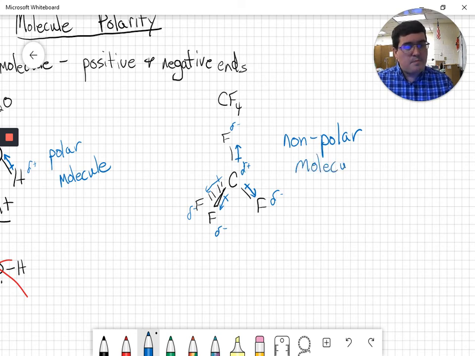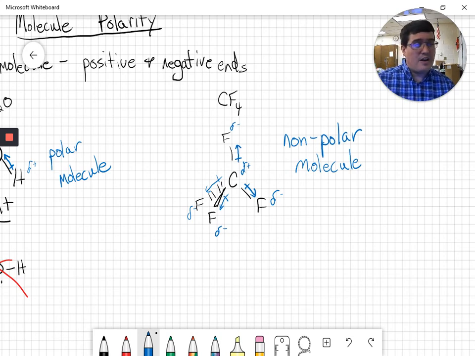Even though it has polar bonds, it is a non-polar molecule because when I put them all together, we're not left with a negative end and a positive end. The positive part's all the way at the center of this thing. It's locked in that central atom. We can't see that when we come at it from the outside. All we see are negatives all around this thing. So that is a non-polar molecule.